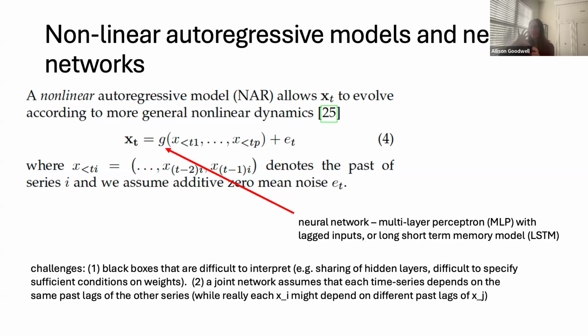You have your inputs and all your weights, and then you get these final hidden states, and then it's the output weights that are really determining how to allocate these different states to the actual six predictions. So in some ways, all of your output variables are responding to the same time lags and the same inputs. And they're saying that realistically, each output might depend on different past lags of each input. So that's another challenge with using these models.